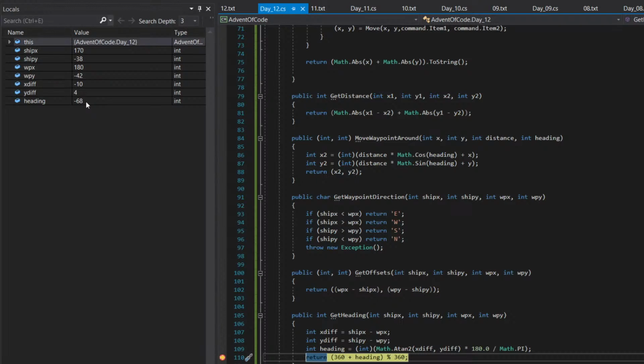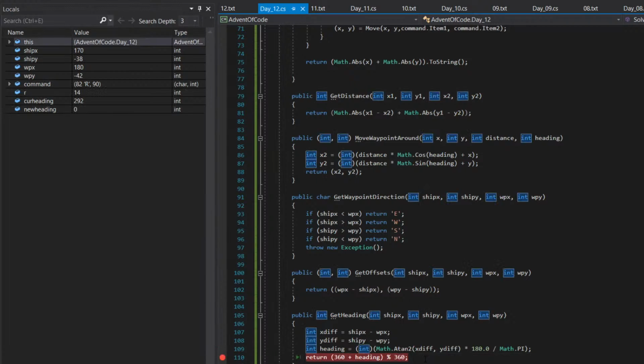I bet that's negative 68 from east. 292. No, that's correct, because 270 is north. And 292 would be northeast. I had that wrong. So 292 is right.